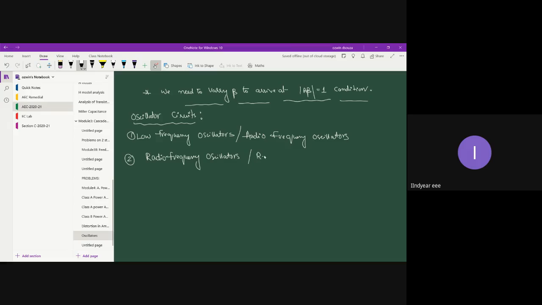In short, they are called AF oscillators and RF oscillators. And finally, we will study the crystal oscillator.